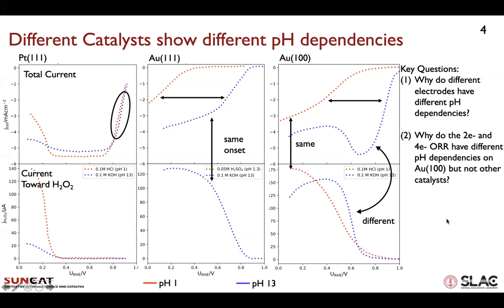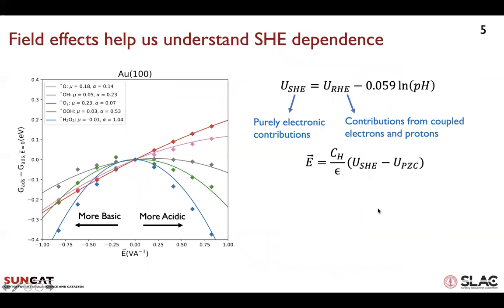In order to do this, we have to think about how we can differentiate pH dependence on an AIChE scale. One way we can think about that is things that are dependent on the SHE scale versus the AIChE scale. Since those two scales differ only by pH, a dependence on the SHE scale would show up as a pH dependency on the AIChE scale.